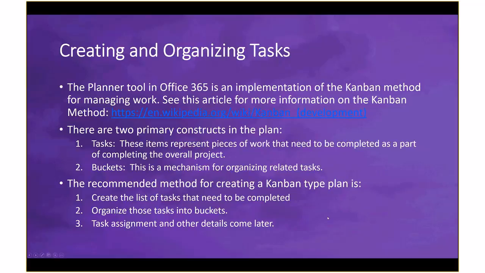The recommended method for creating a Kanban plan, regardless of whether you use the Planner tool we're looking at now or sticky notes, which is the original way Kanban plans were created, is to just create the list of tasks. Once you've got most of the tasks you need, organize those tasks into buckets. The assignments and other details about the tasks come later.